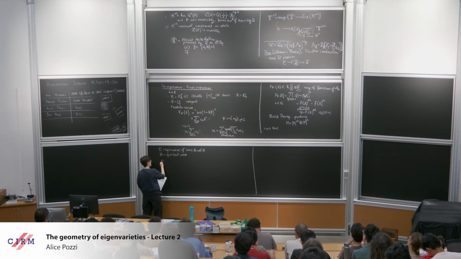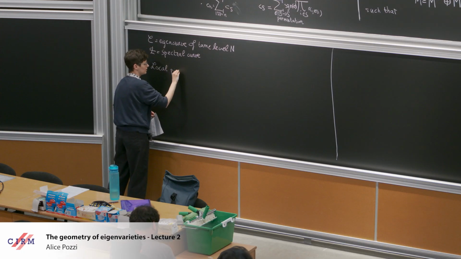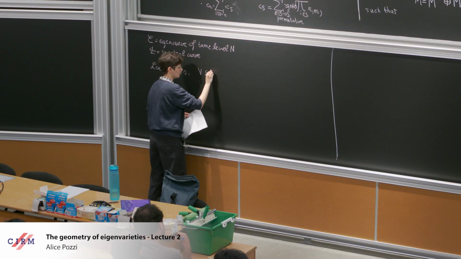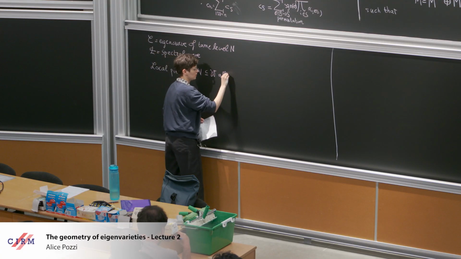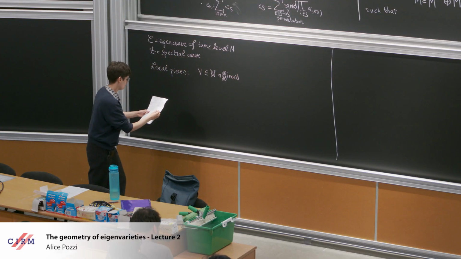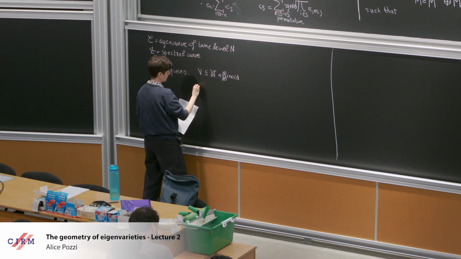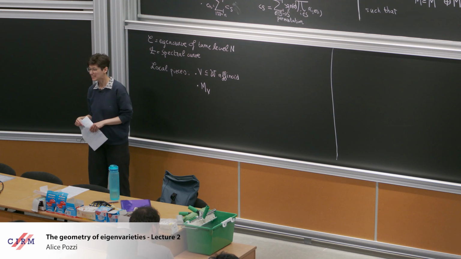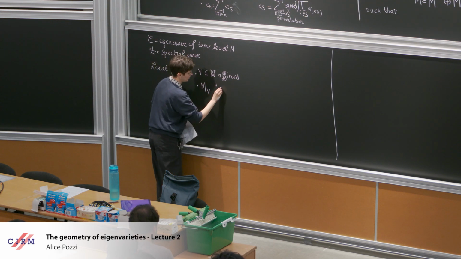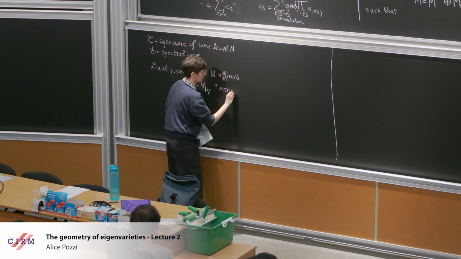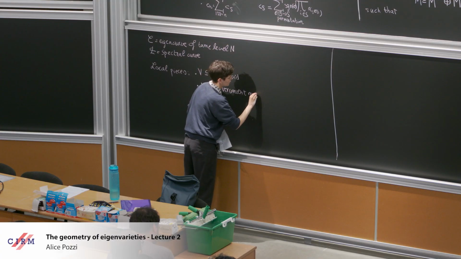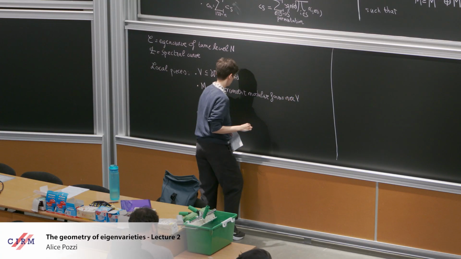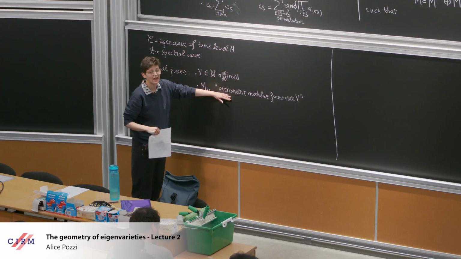So the local pieces of this guy will be of the form, so V is going to be some affinoid in the weight space over which there is some module, that I'm going to call MV, quite mysteriously, which is over convergent modular forms over V. But I'm not actually going to give you the definition.